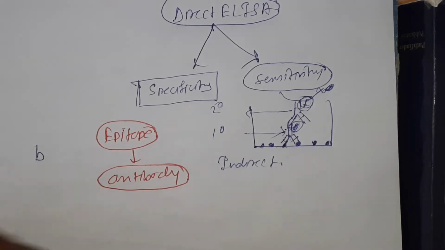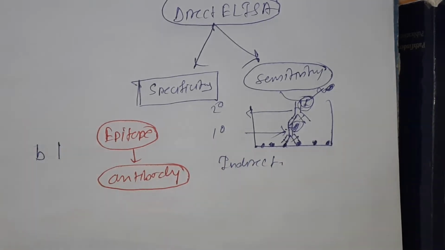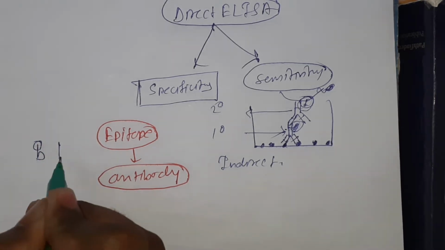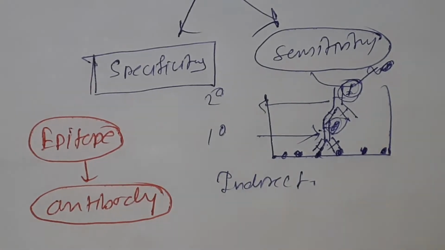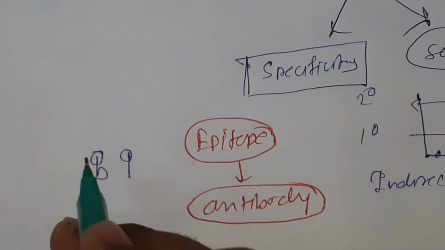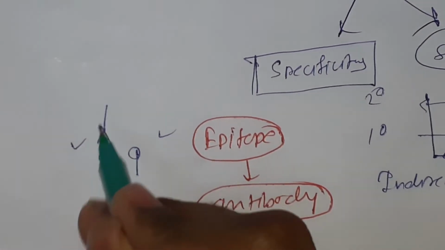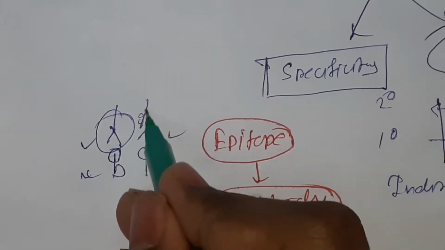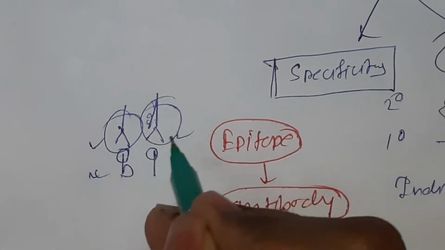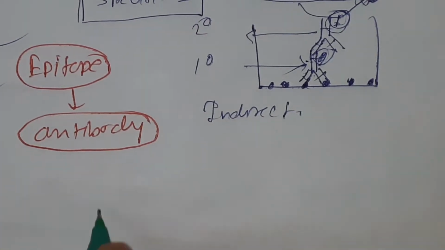Now the fact is, suppose you have an antigen B, and you have an antigen L. Now this is the portion of the epitope. As you can see, these two epitopic portions are identical, so the antibody that is specific for B can also be specific towards L. So what is the idea?